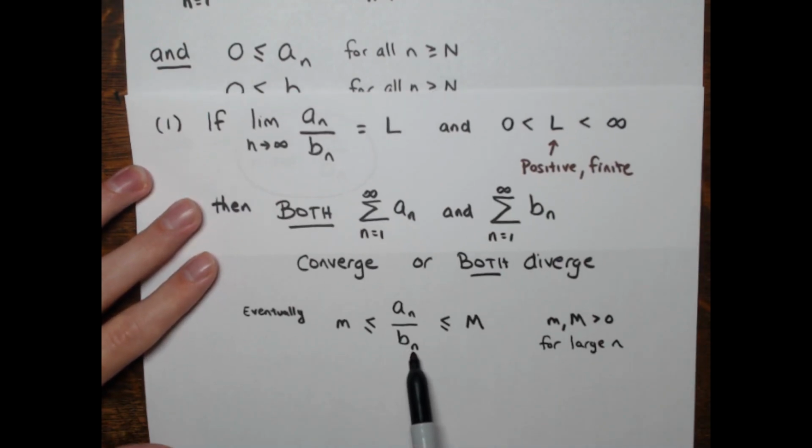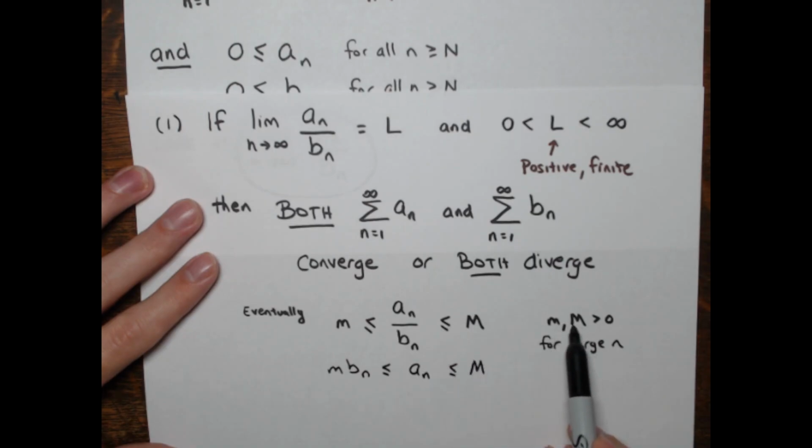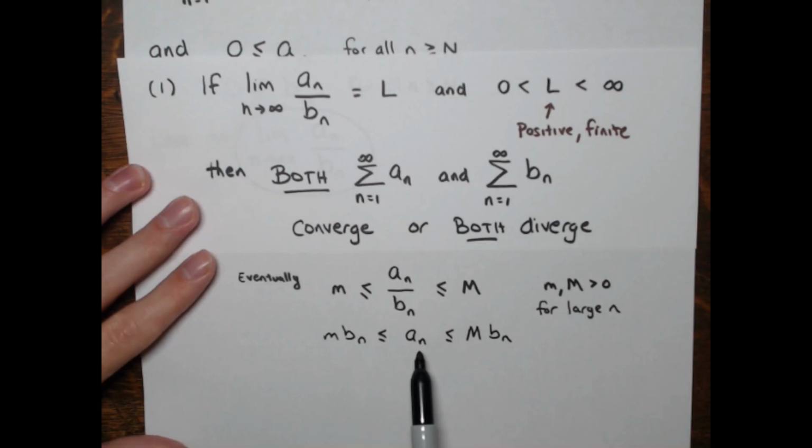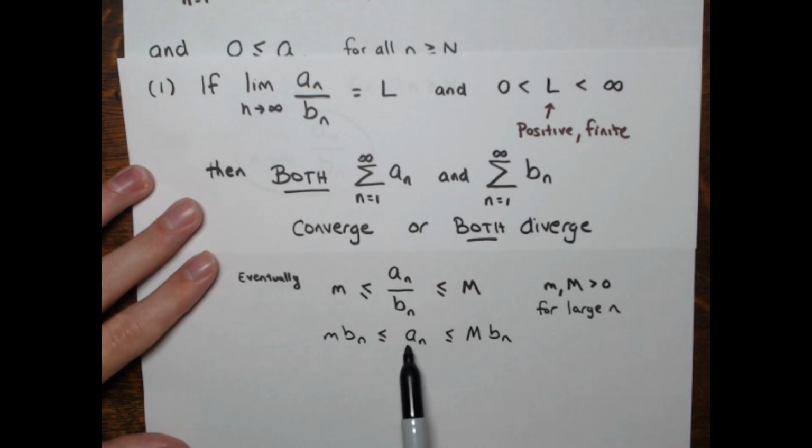And again, the b sub n's here are positive terms. We multiply through by b sub n, and we get this. And again, little m and big M are just constants. And then we see by comparison, if the series of the a terms converges, well then, these are bigger than some multiple of the b sub n's, so the b sub n's must also converge as well, right?